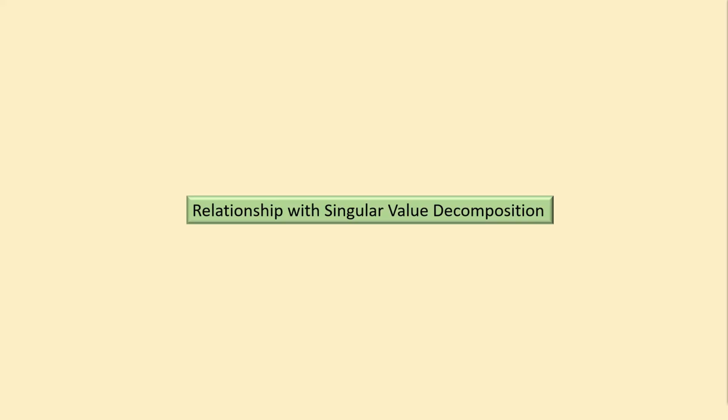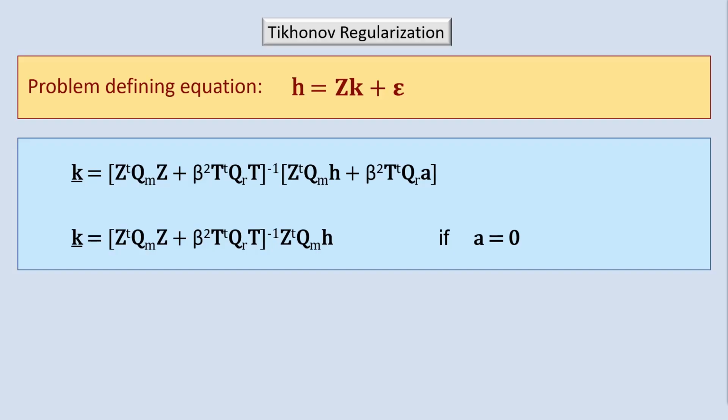I'd like to say a few words about the relationship between Tikhonov regularization and singular value decomposition. So I'm going to repeat the equations that we showed before, where Tikhonov regularization is used as our solution mechanism for the inverse problem to derive a K underscore vector, which is the solution for that problem.